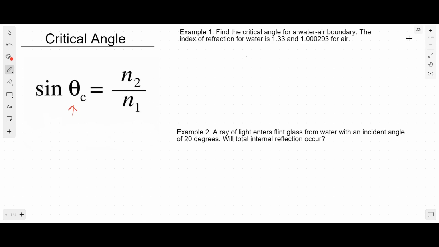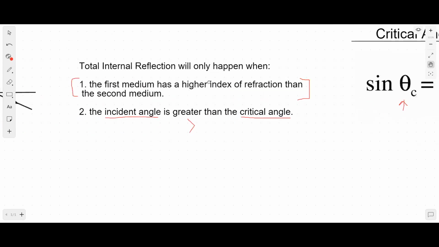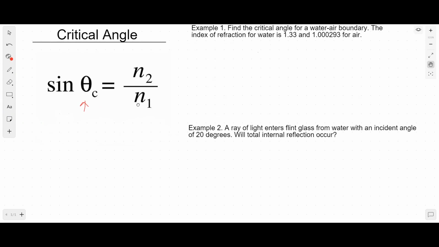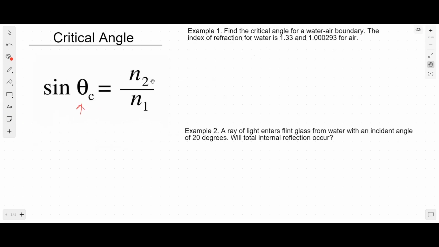Now keep in mind, total internal reflection will only happen when you're going from a dense material to a less dense material. So your N2 will always be less dense than your N1. Okay, N1 will always be a bigger number than N2 if you're talking about total internal reflection and finding the critical angle.